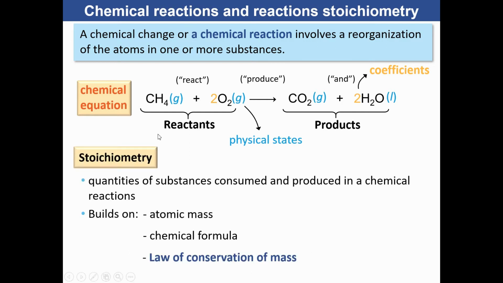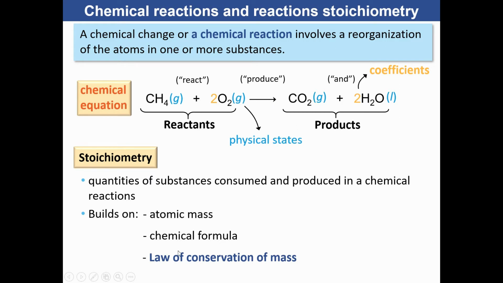In terms of stoichiometry, the quantities of substances consumed and produced in a chemical reaction should be balanced. That is to say, the total numbers of atoms of each type of element must be balanced.